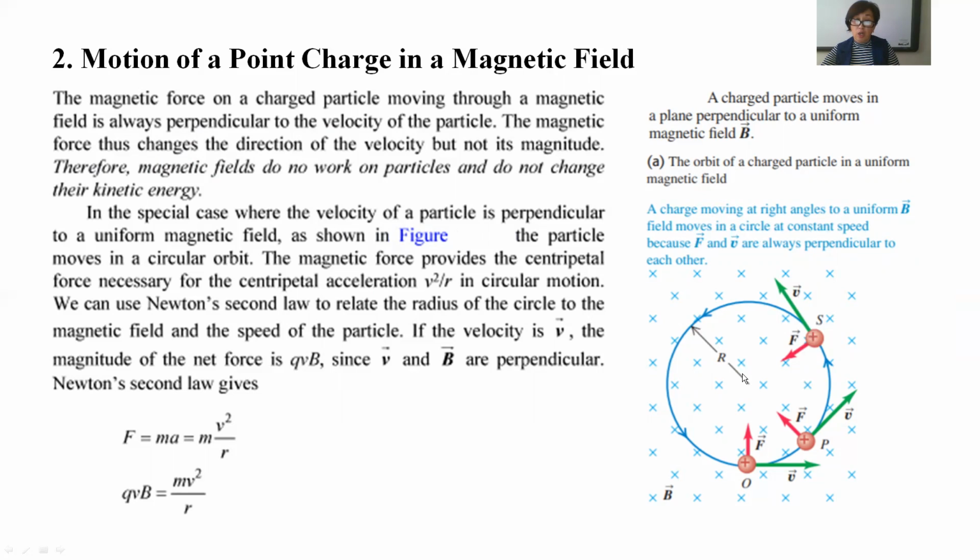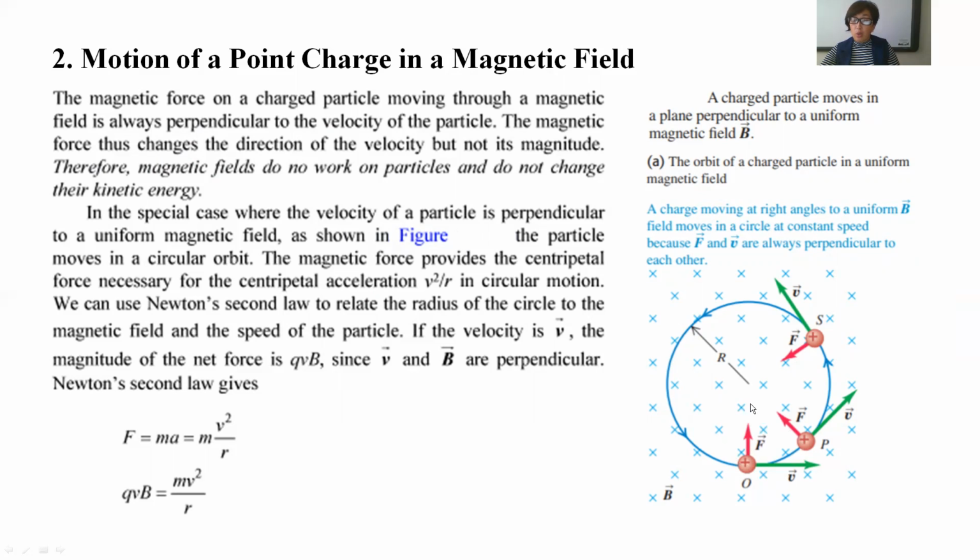always perpendicular to each other, and v is constant. And here this is the radius of the circle, and there are three positions, one, second and third. This is the direction of velocity, a tangent line, and the directions of force and velocity are perpendicular to each other. And this is the direction of the centripetal force.